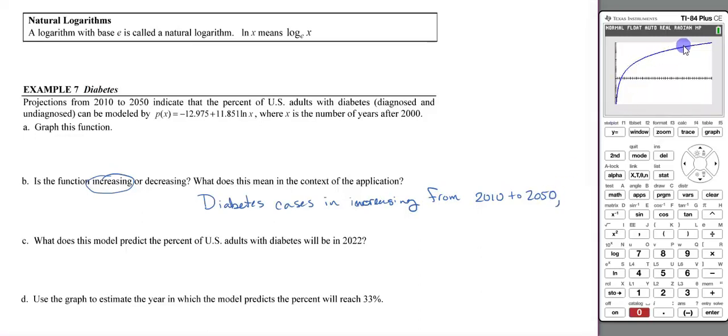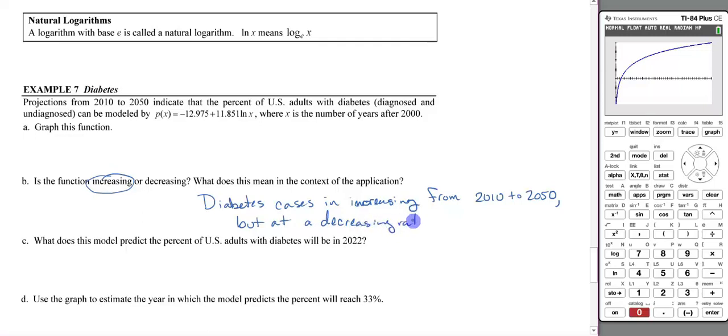You can see that the rate is lowering. So the diabetes cases are increasing from 2010 to 2050, but at a decreasing rate.